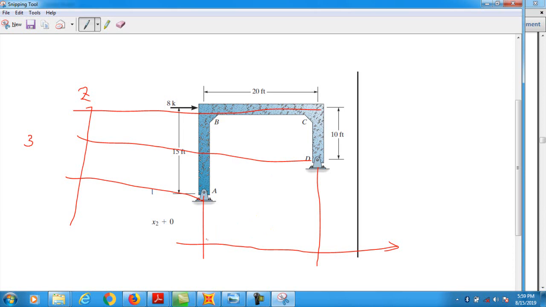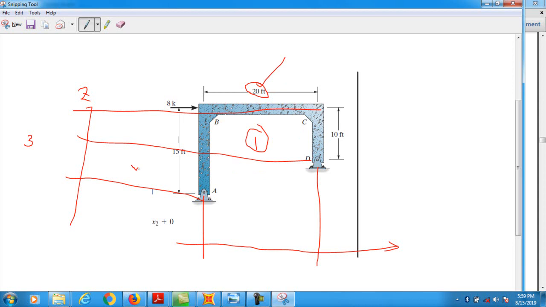The spacing between grids in the X direction is 20 feet. This is your bay width. If you are using the 2D frame template, you have one bay with a width of 20 feet, and you have two stories.